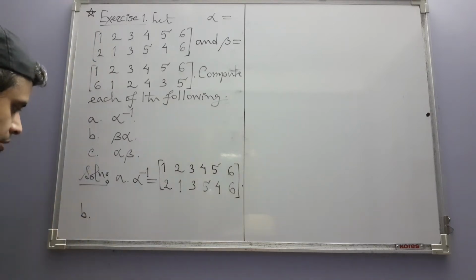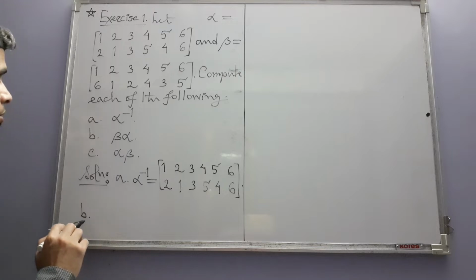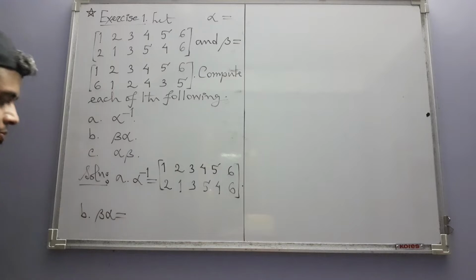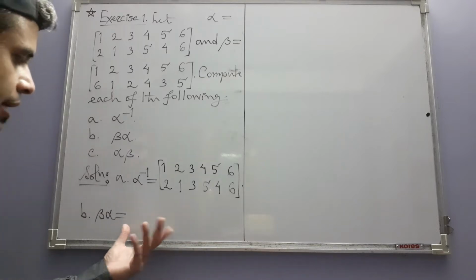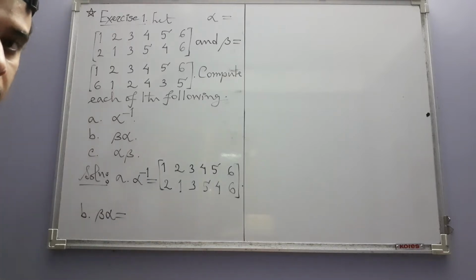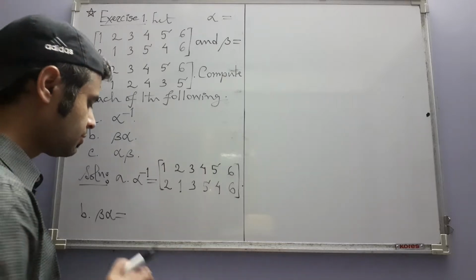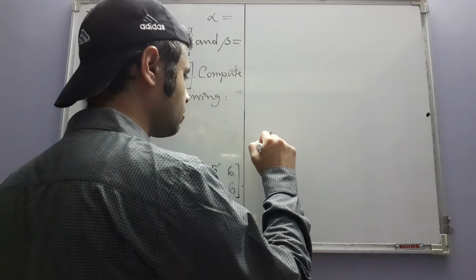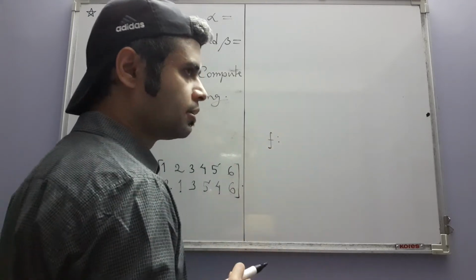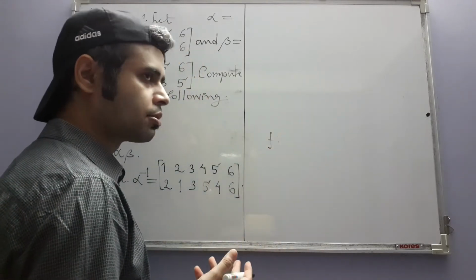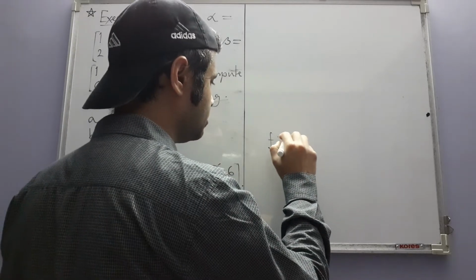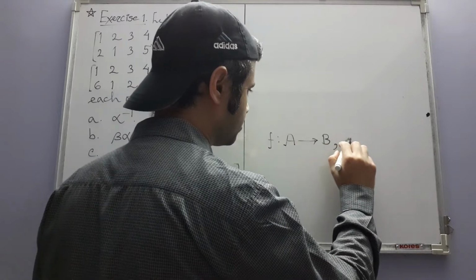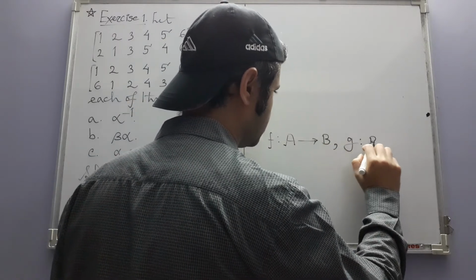Then B. So in B we have to calculate beta alpha. Now before we calculate this, let us see what we actually have to do and what this product beta alpha means. In this book, like in many books normally, say we have two functions, f and g.